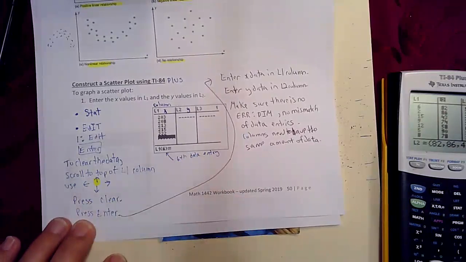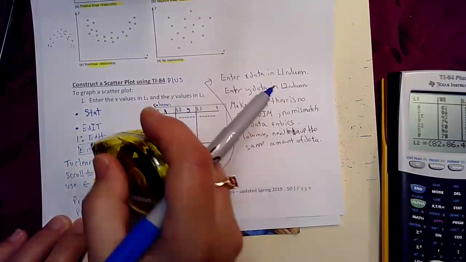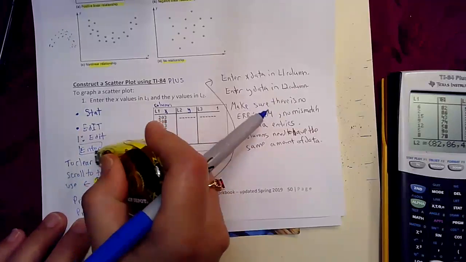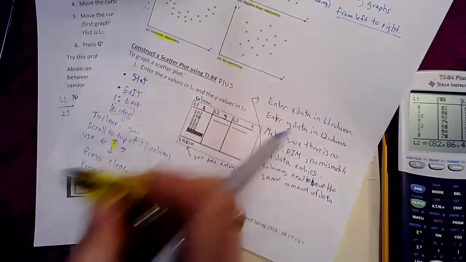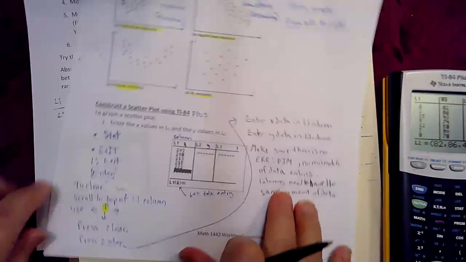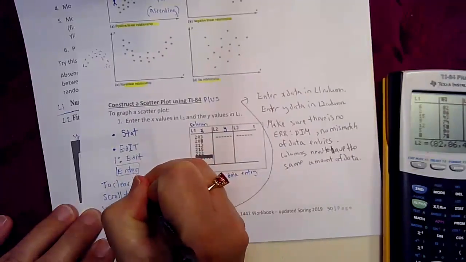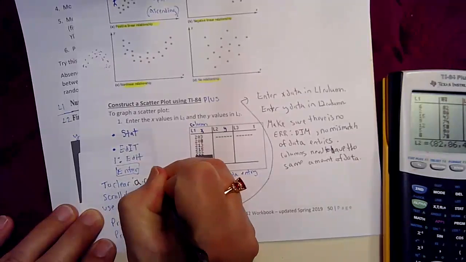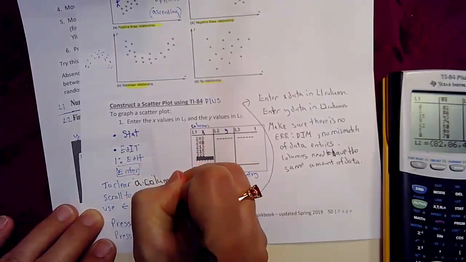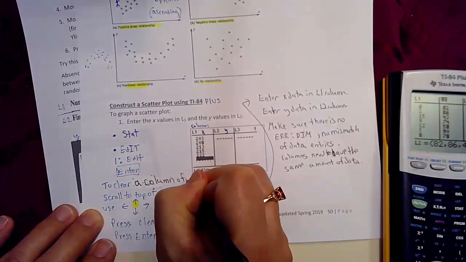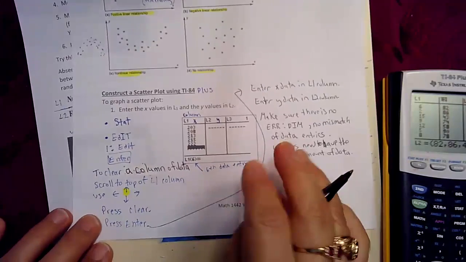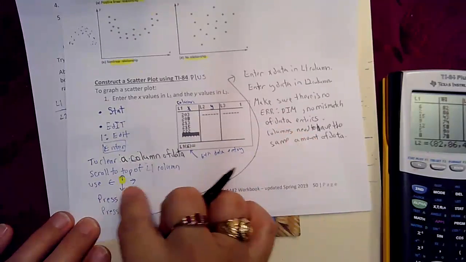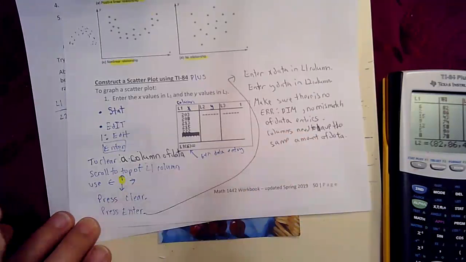To clear a column of data, scroll to the top of L1, use this, and press clear.